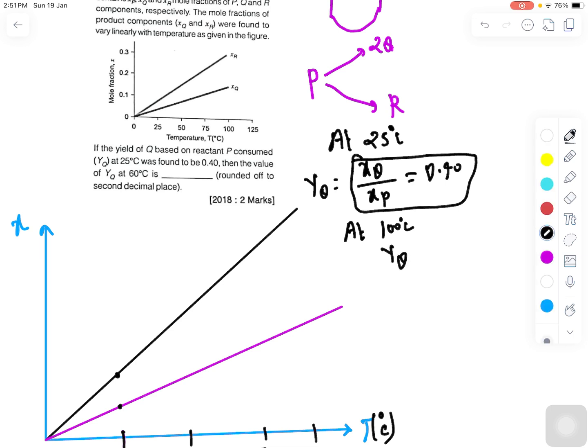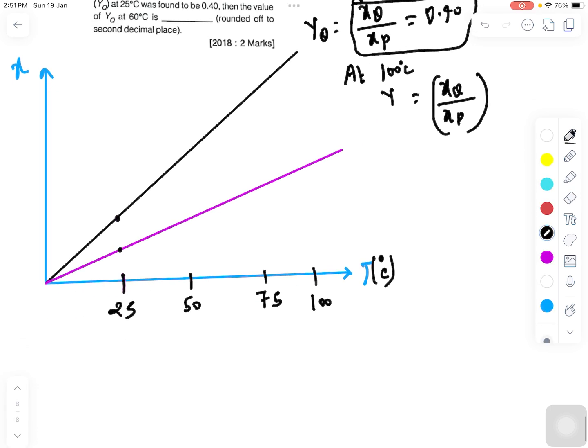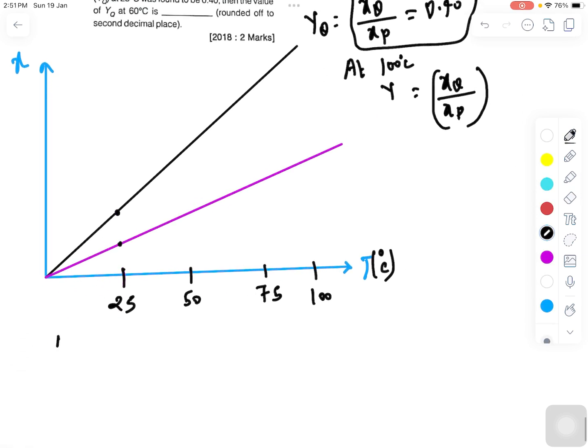So what is the yield at 100 degrees centigrade? Again you can calculate XQ divided by XP. Let's try to understand how we can do this. At 25 degrees centigrade, XQ divided by XP is equal to 0.40.